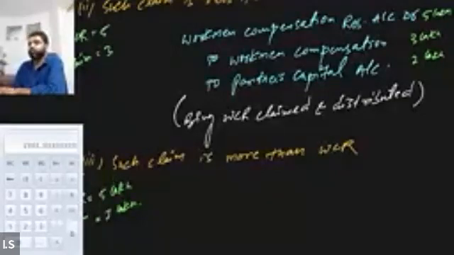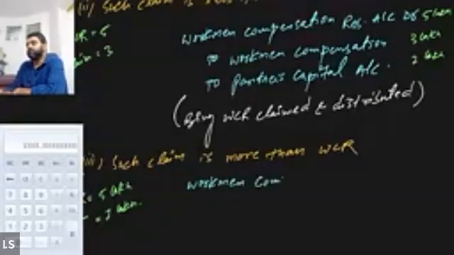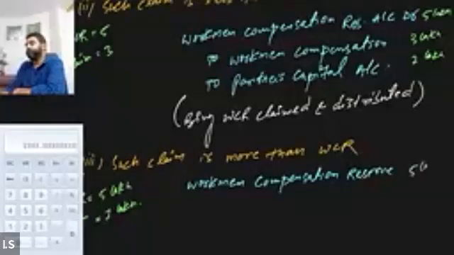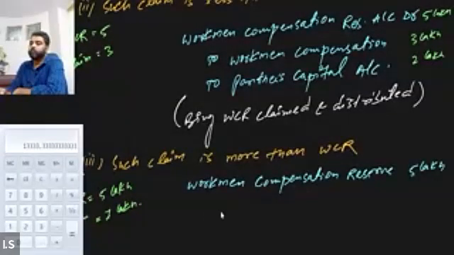All right, so in such a situation, the general entry will be like this: workman compensation reserve account will be debited, first of all, obviously by 5 lakh, right?